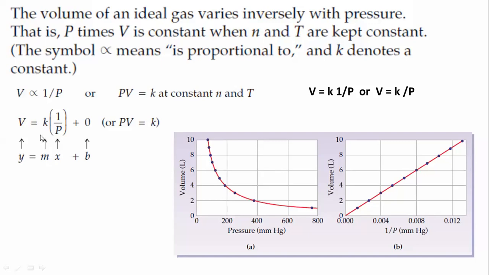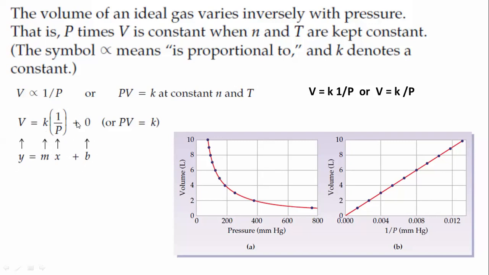So that's why this k is your m, the slope, and 1 over p is the x, and V is the y. So y will be alone. That means the dependent variable is alone. It is not going to multiply with any constant, but the x-axis variable is going to multiply with the m. That's why this equation is called y equal to mx, and this is the straight line equation.